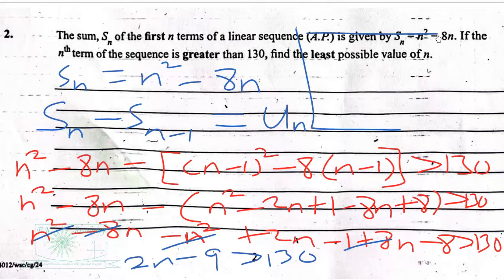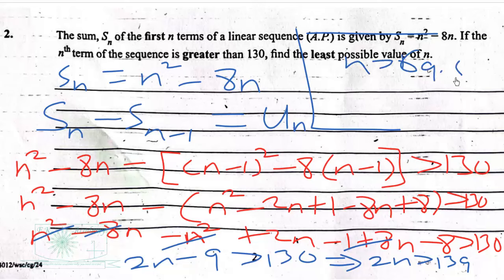And when we simplify this, you will get 2n to be greater than 139, or n is greater than 139 over 2, which is 69.5. Therefore, the least possible value of n should be a whole number, which is 70.